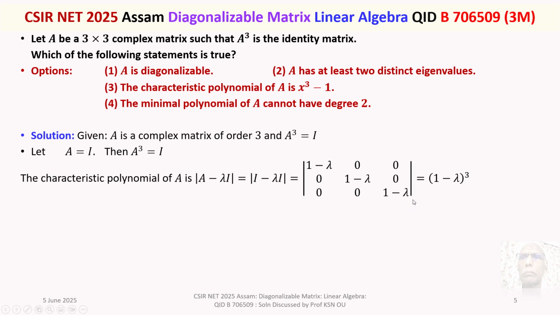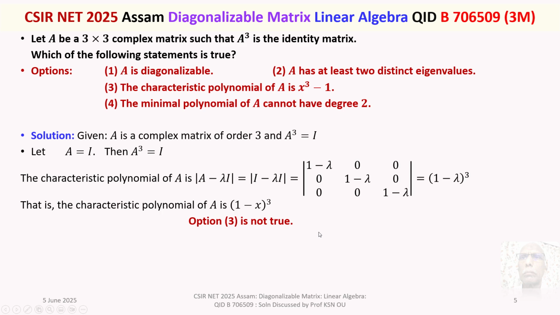Now the determinant value is 1 minus lambda whole cube. So the characteristic polynomial of A for this matrix A, for which A cube is equal to identity, is 1 minus x whole cube. But in option 3, the characteristic polynomial of A is given as x cube minus 1. Therefore, option 3 is not true in general.